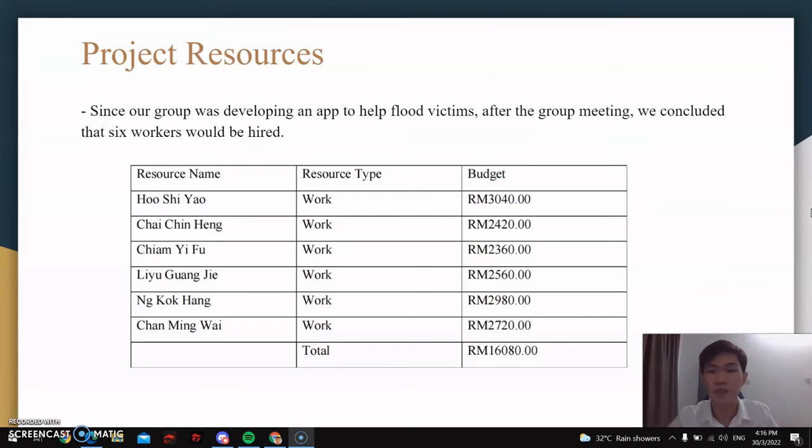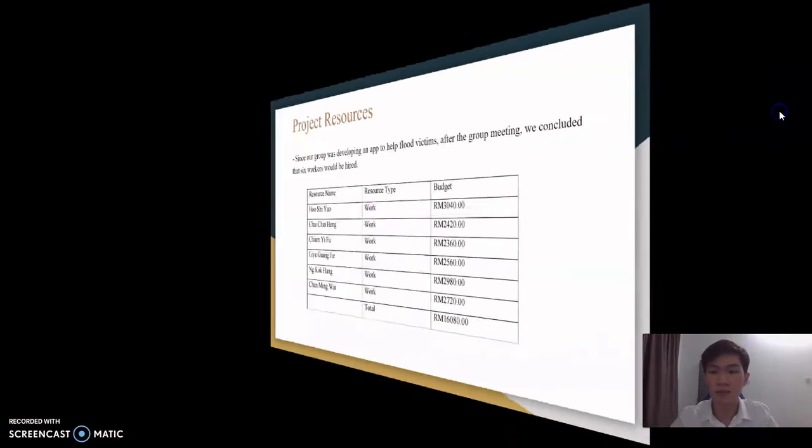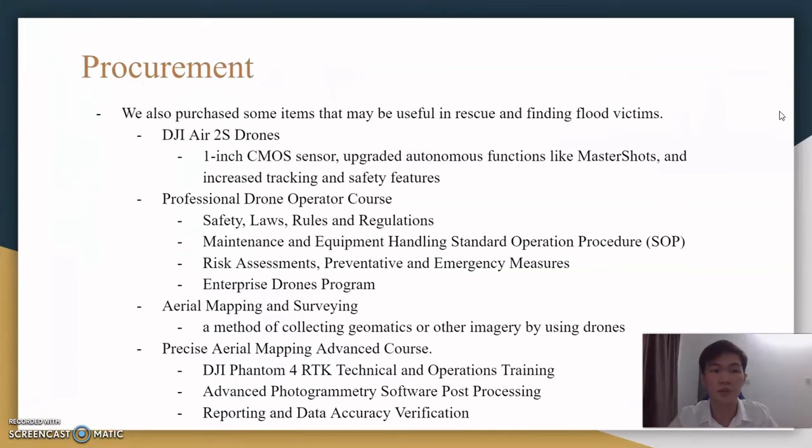The budget for Hoshiyao is 3,040 ringgit, for Chai Jun Heng is 2,420, and for Chiang Yifu is 2,360 ringgit, and so on. So overall, the total for the 6 workers is 16,080 ringgit.